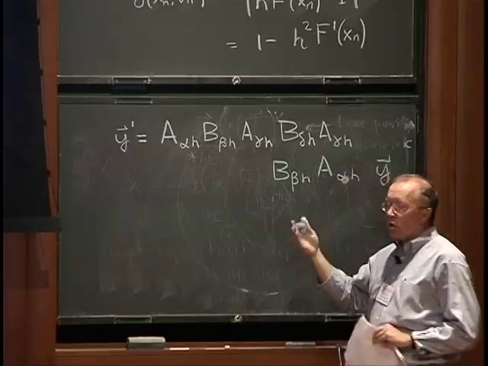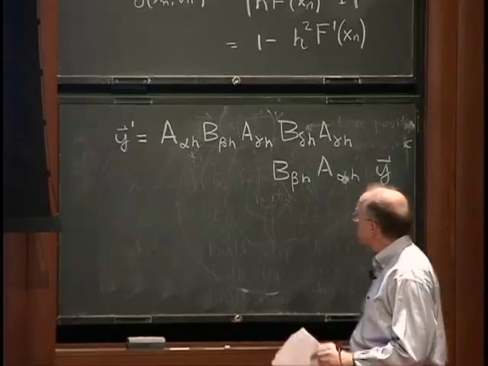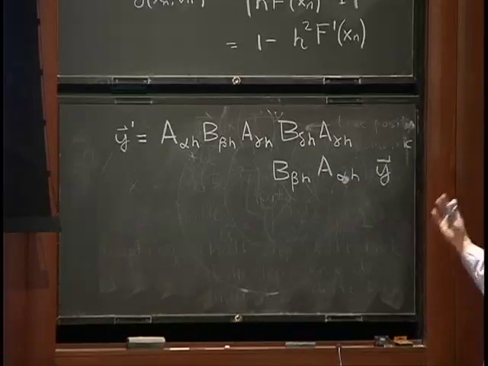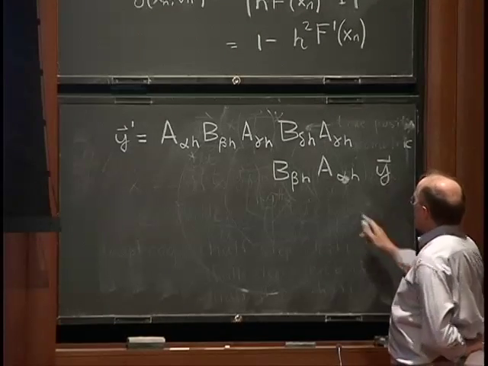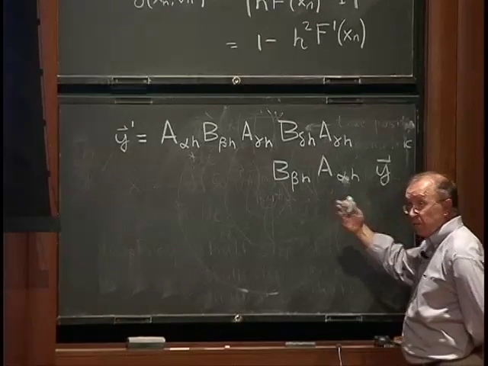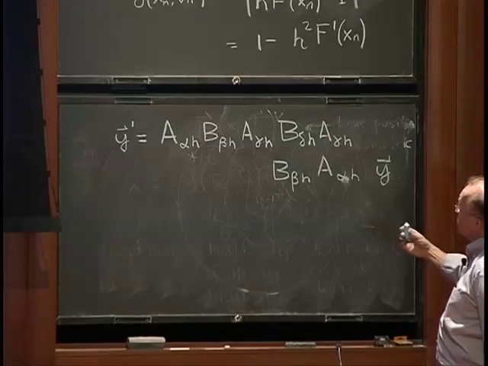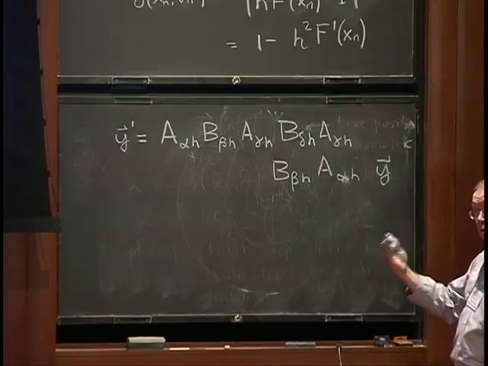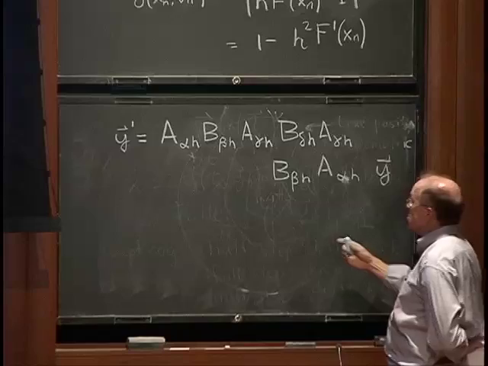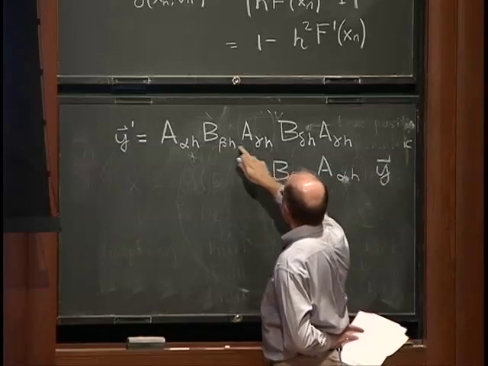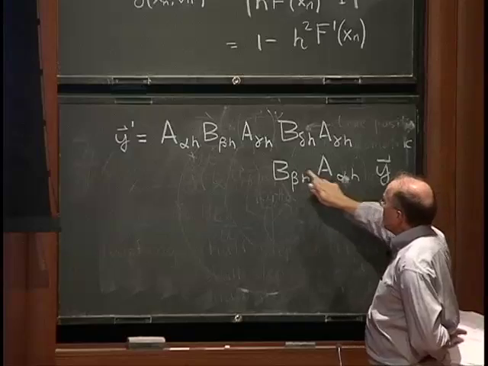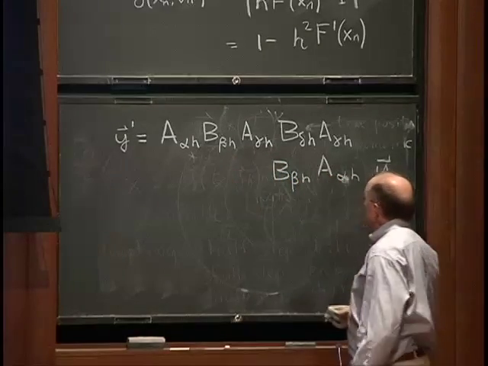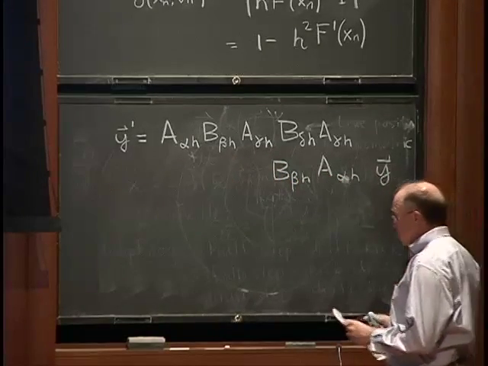So this is just a sequence of kicks and drifts. And I want to make a nice integration algorithm out of this. Well, if I'm going to make this represent an advance over a time step of h, it's pretty clear that if there was no gravitational potential, then B would be unity, all you'd have is the A's, and you'd want all of these coefficients to add up to unity.